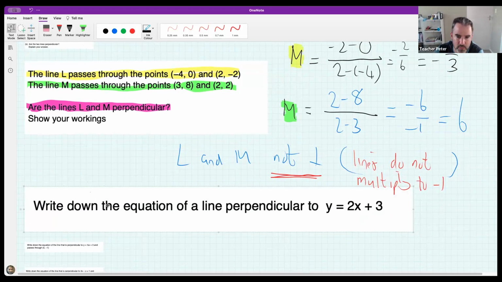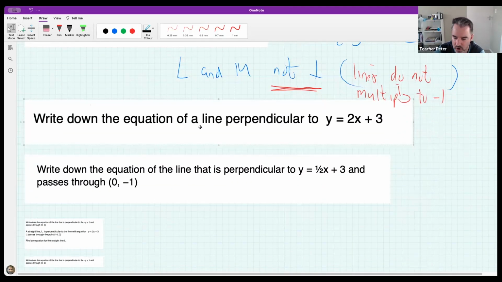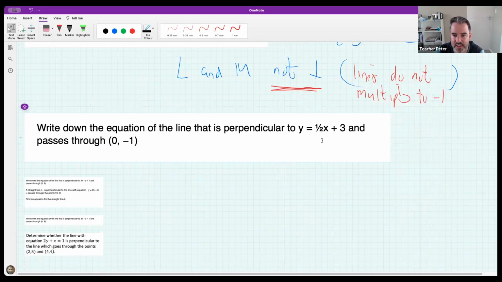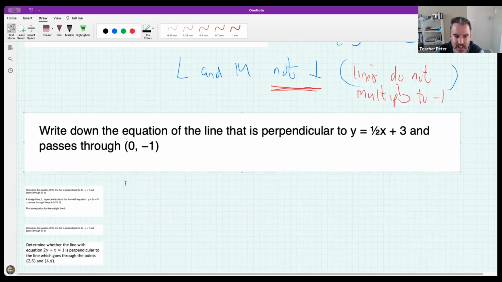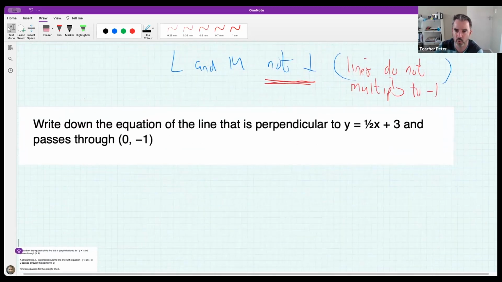Write down the equation of the line that is perpendicular to this line, but also passes through the point (0, -1). Now, you're going to need to use ideas that you learned in previous lessons, so if anyone is here and wasn't at a previous lesson, ask me a question.